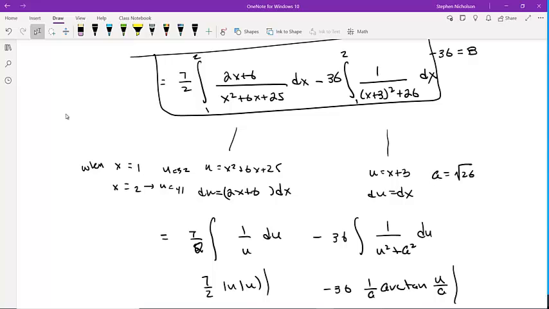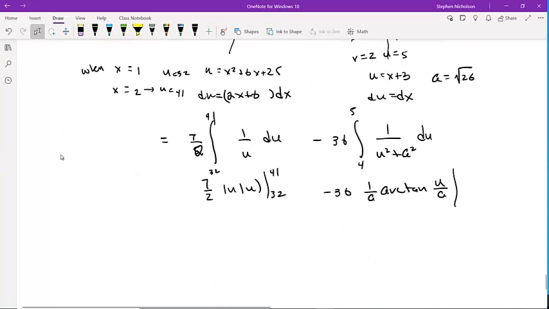So you'd have 32 and 41. Over here, when x equals 1, u would equal 4, and when x equals 2, u would be equal to 7, right? Is that right? No. 5. Okay. So these would be from 4 to 5.